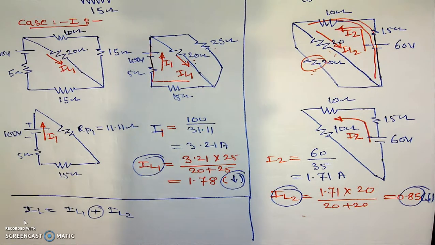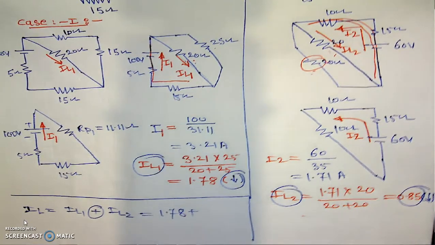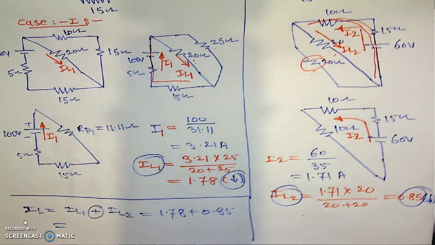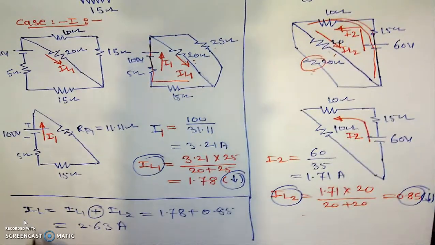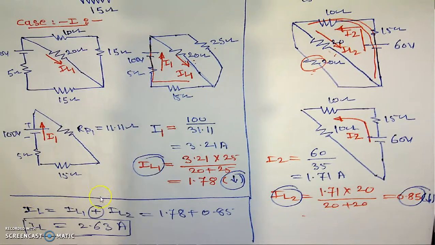That's why it is IL1 plus IL2, which is 1.78 plus 0.85, which is equal to 2.63 amperes. This 2.63 amperes is the current flowing through the load resistance as per the superposition principle, or the superposition theorem.